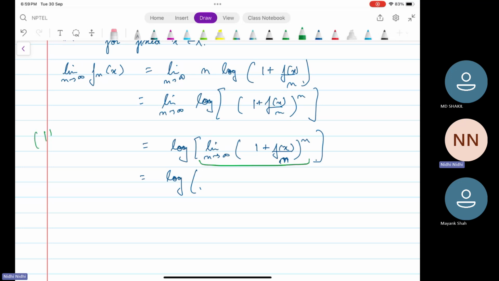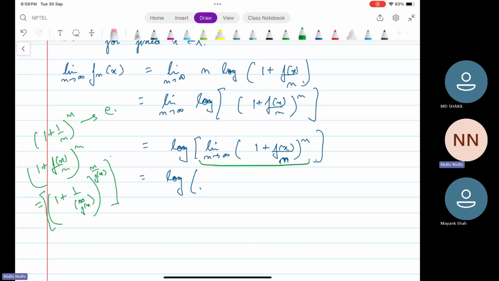We know that (1 + 1/n) to the power n converges to e. So (1 + f(x)/n) to the power n can be written as (1 + 1 upon (n/f(x))) to the power n/f(x), whole to the power f(x), because f(x) is just a constant. Now this will converge to e to the power f(x). Is it clear?